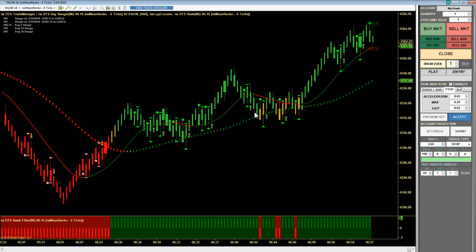Not 4 yellow bars, but 4 signals. That's called a 4-arrow consolidation. That's right there. 1, 2, 3, 4. We would look to take the 4th signal as that's when we anticipate the market to resume the trend, which is precisely what it did.